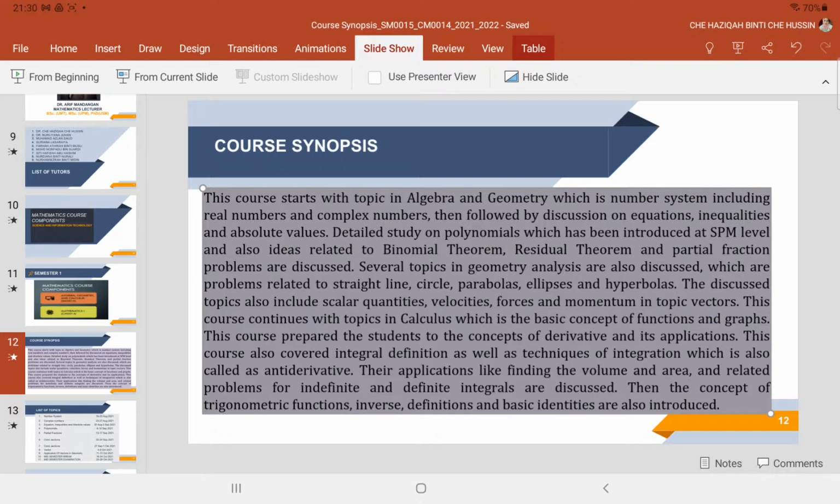At the end, we will discuss the concept of trigonometric functions, inverse functions, definitions, and basic identities are also discussed in this semester.